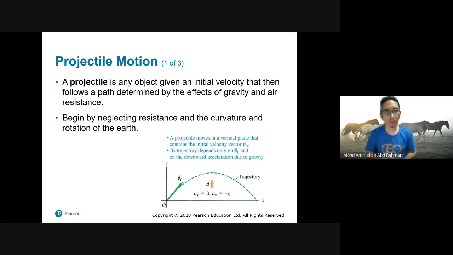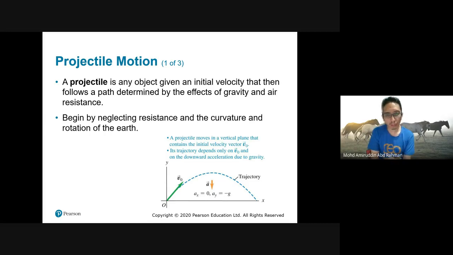In projectile motion, there is the effect of gravity, which is 9.8 meters per second squared, and also air resistance. Begin by neglecting air resistance and the curvature and rotation of the Earth. So when we are solving projectile motion, we neglect the resistance and also the curvature and rotation of the Earth.